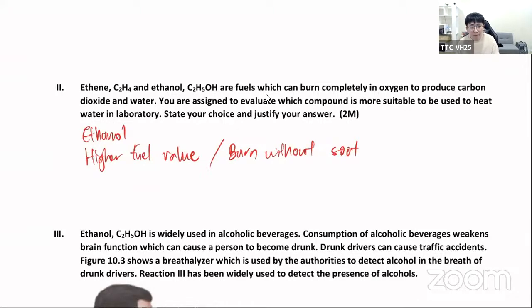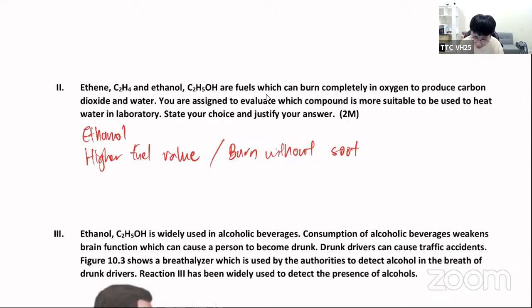But sometimes we can also choose ethene. If you choose ethene, you have to explain in a different way, with a different reason. Maybe ethene is also good. You know why? Because ethene is supposed to be a gas, and gas has a higher rate of reaction. Heat of combustion, something like that.